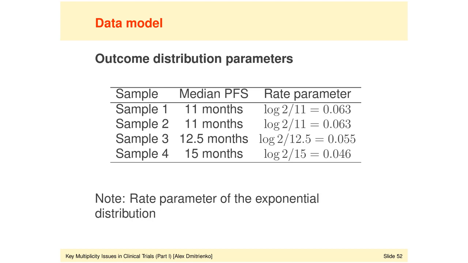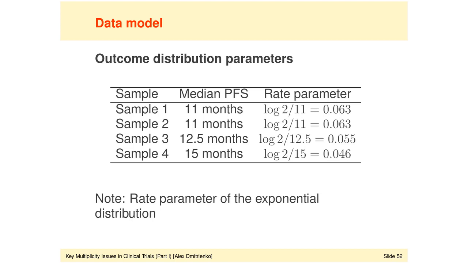But when we proceed to the assumptions for the median PFS in samples 3 and 4, and these are the samples that consist of patients who are allocated to receive the novel treatment, we can see here that in patients with a marker negative status, the median PFS is increased to 12.5 months, and in patients who receive treatment and happen to have a marker positive status, the median PFS is increased to 15 months.